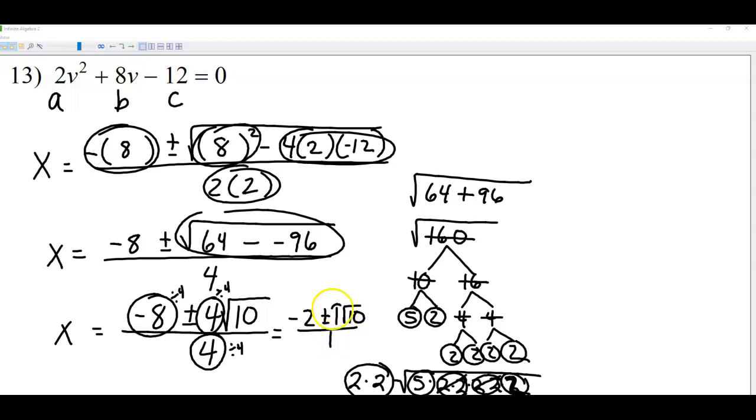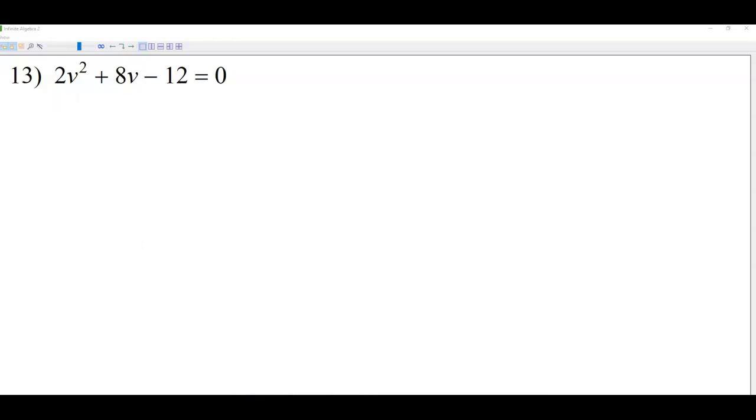Now, you don't really need this one or this one to be written, and so the final answer would really look more like this. There you have it.